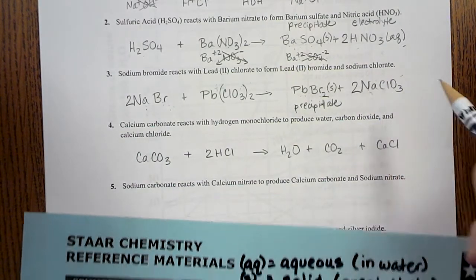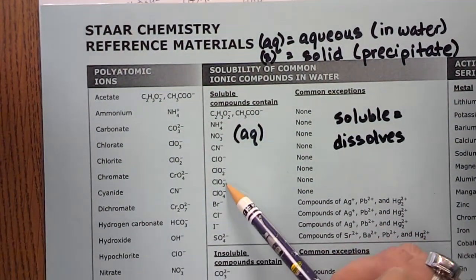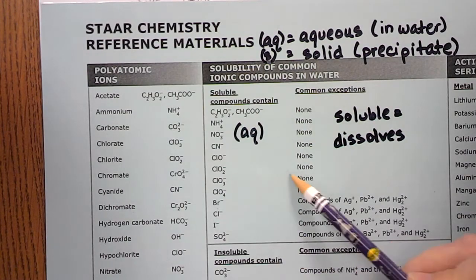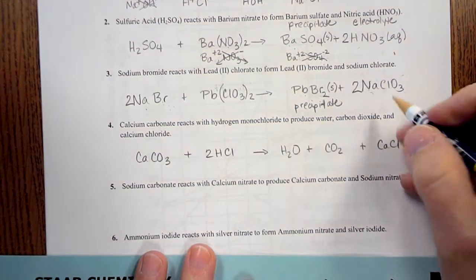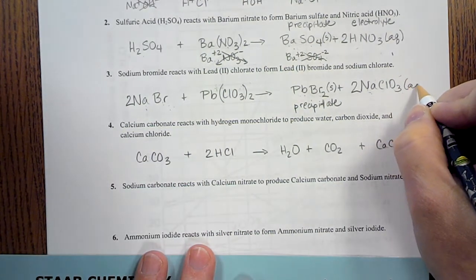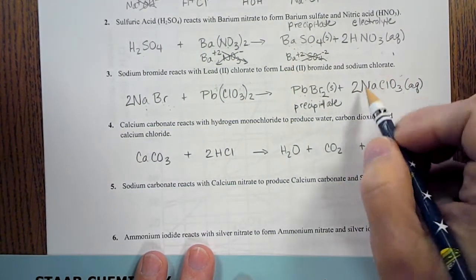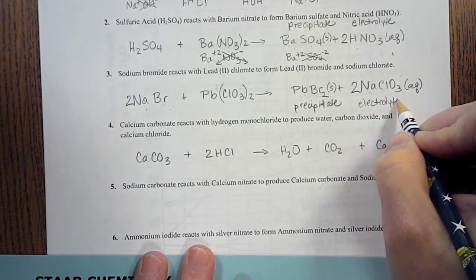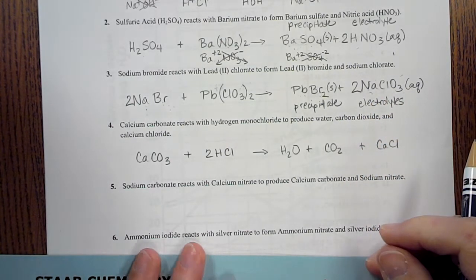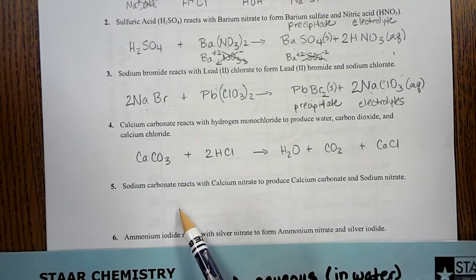Sodium chlorate. Here's my chlorate. All chlorates are soluble. There's no exceptions, so that's nice. So we have an aqueous solution here, and since we have an aqueous solution, we will get electrolytes. All right. Last one. Let's see if we can quickly get this done.